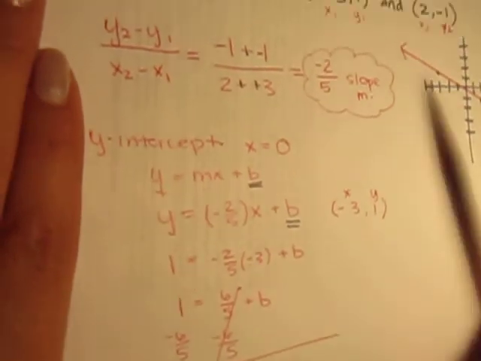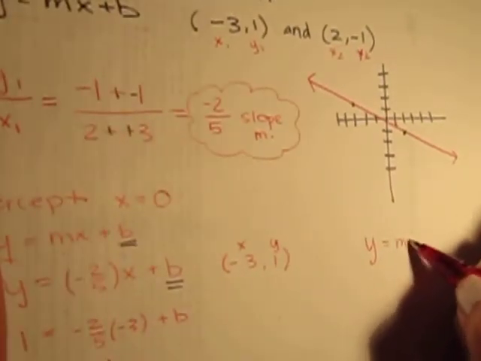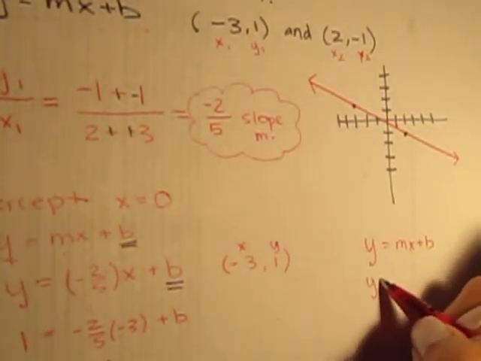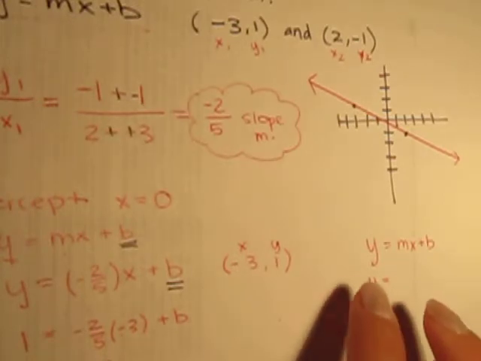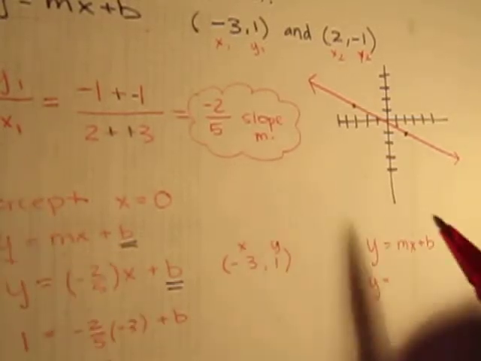So now let's put that into our y equals mx plus b format. We're going to leave y and x, because you don't fill in numbers for those, since they're part of our line equation.